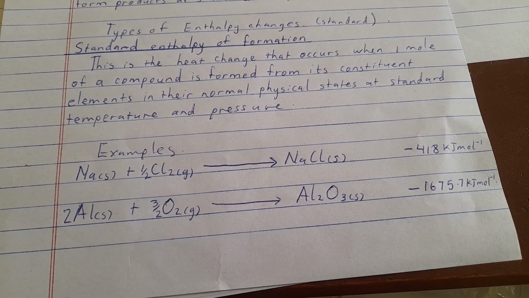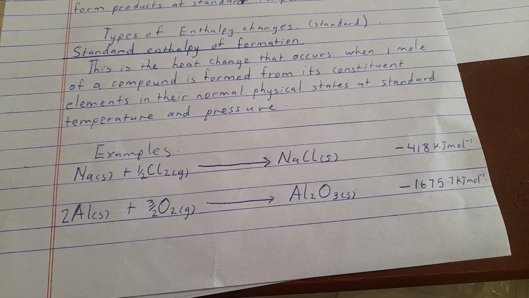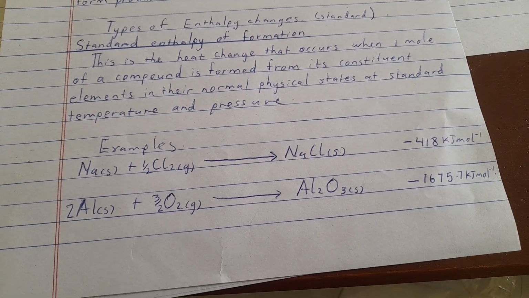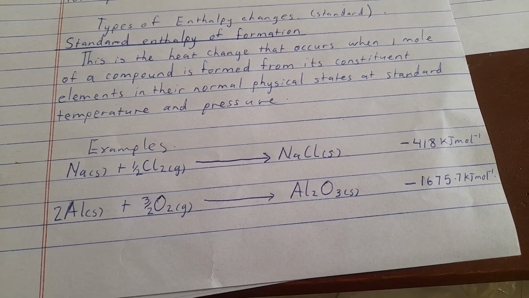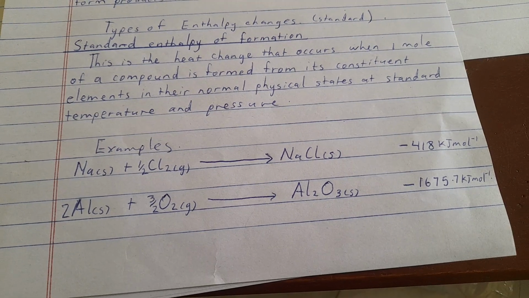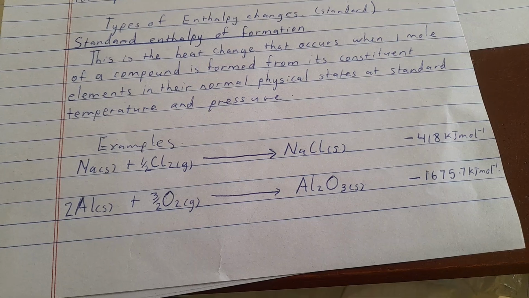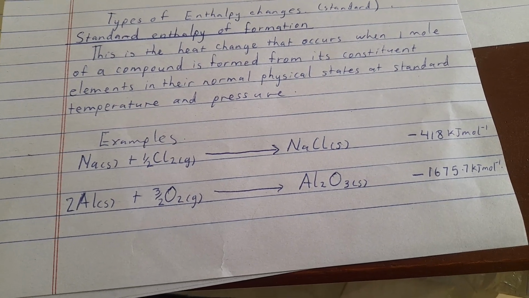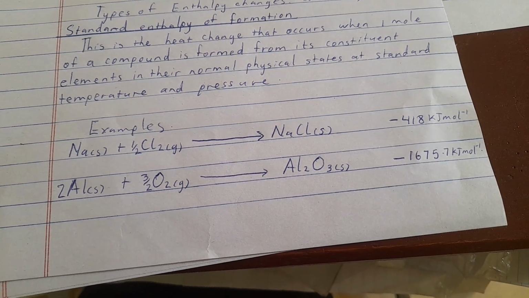Yet our main concept is the formation of 1 mole of a compound from elements in their normal physical states. Therefore, we balance so that the product has a coefficient of 1. For the other species we don't mind whether we balance with a fraction, no worries.